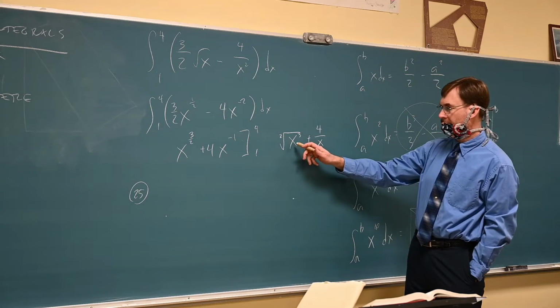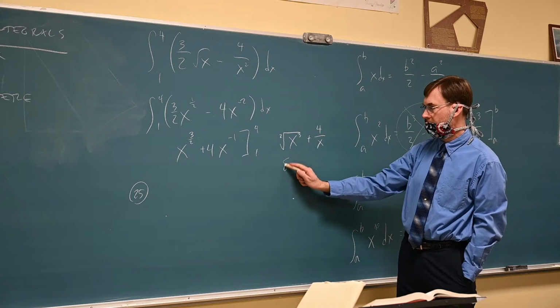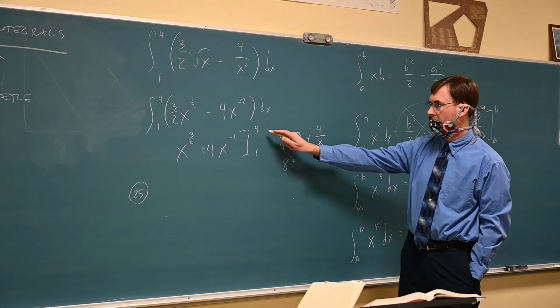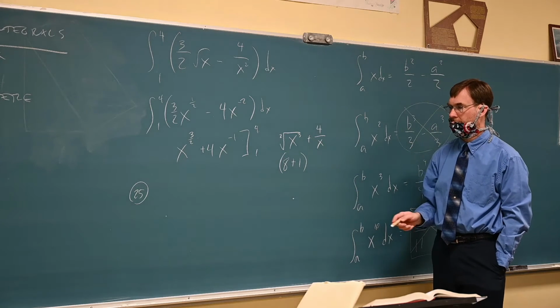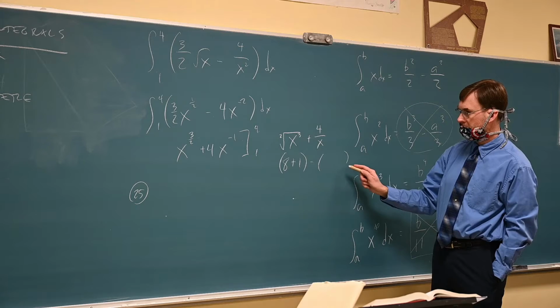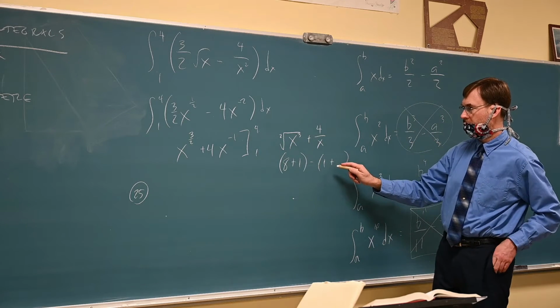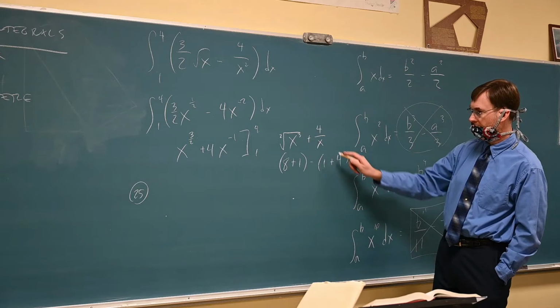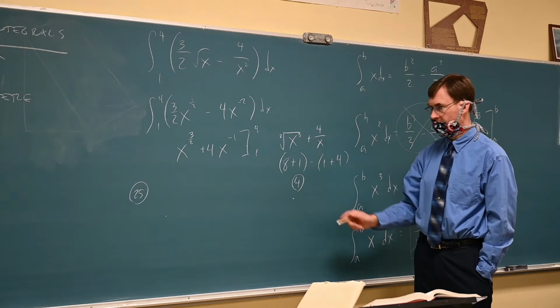So 4 rooted is 2, cubed is 8, plus 4 plugged into this is 1. That's the result from the beginning. Minus 1 to any power is 1, plus 4 from dividing. 9 minus 5 is 4.